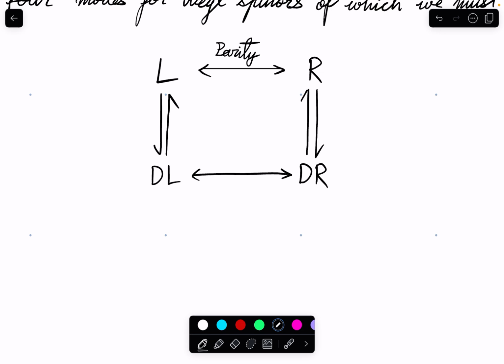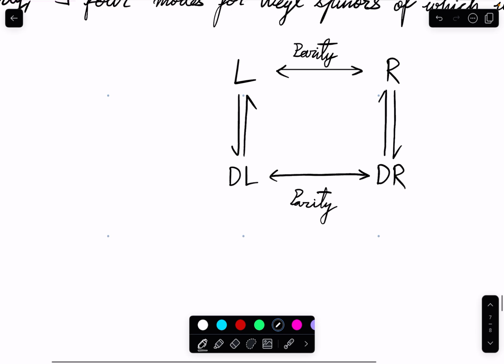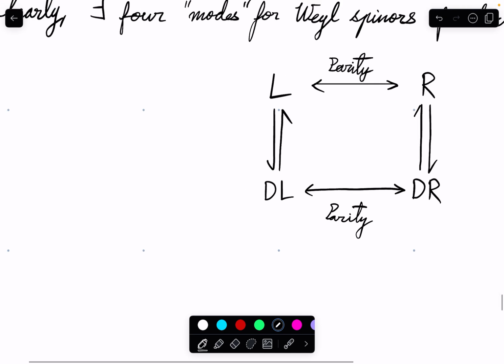That's just parity. These are just related by parity. And right here, going down is sigma x, and then going up, sigma x, like this.